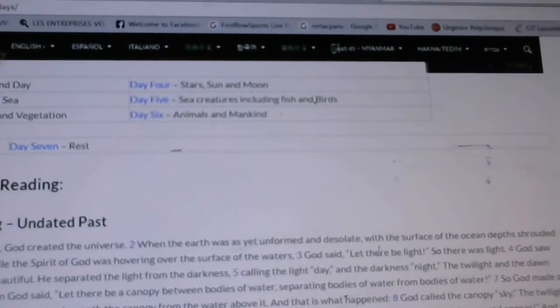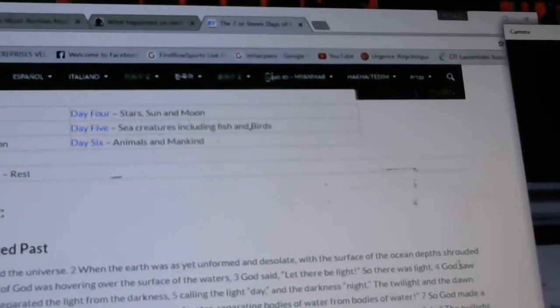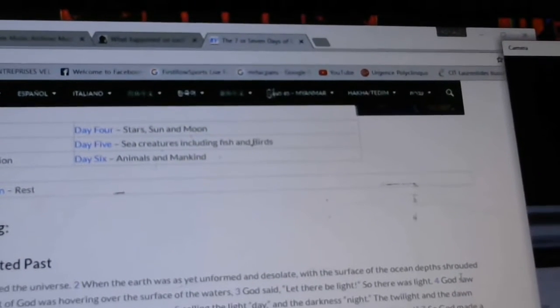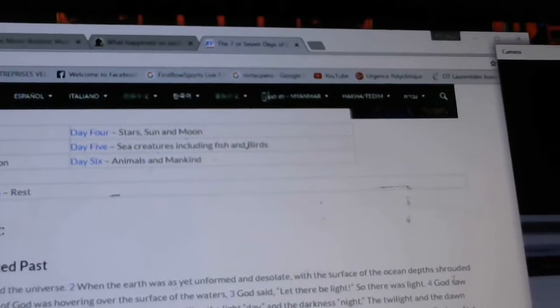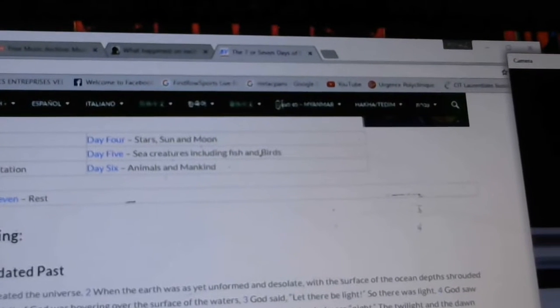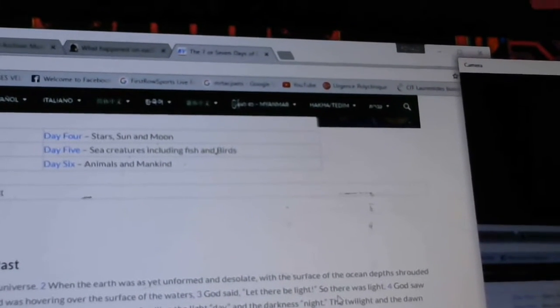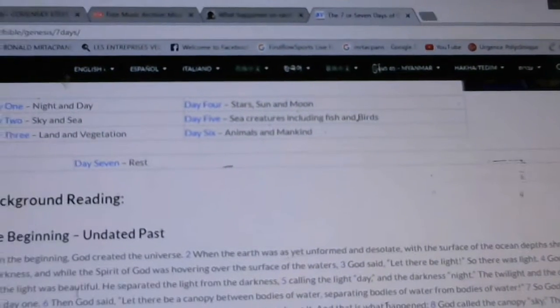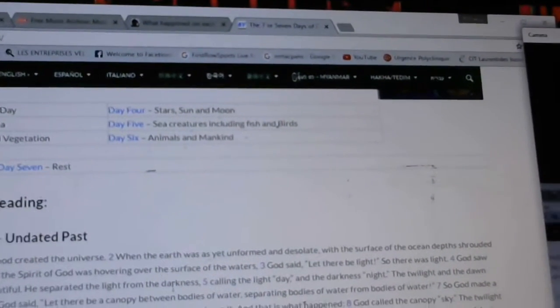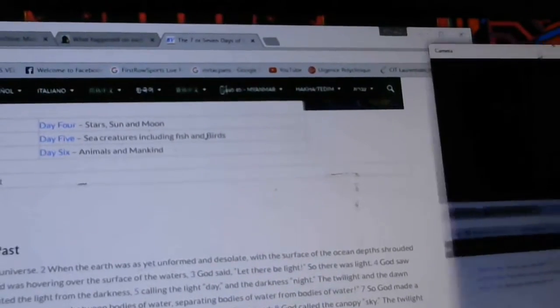They only talk about the surface of the ocean depths. They're not even talking about any space for earth. They're talking water over a wet ground. In the darkness, while the Spirit of God was hovering over the surface of the waters, God said, "Let there be light." So there was light. God saw that the light was beautiful. He separated the light from the darkness, calling the light day and the darkness night.